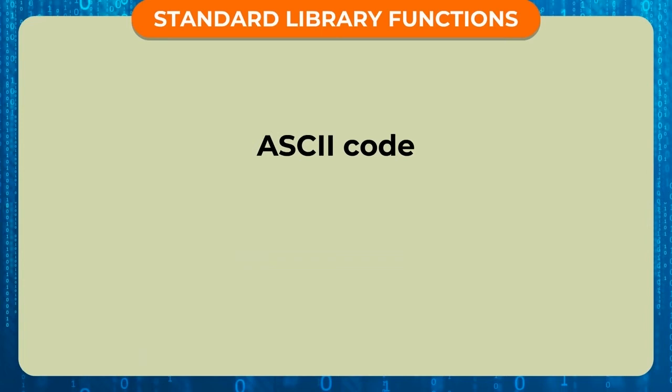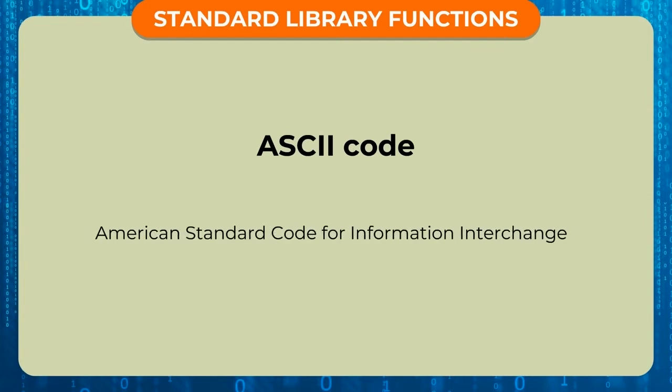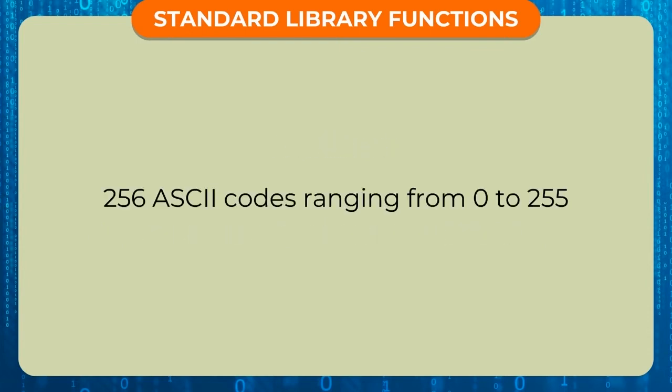The full form of ASCII is American Standard Code for Information Interchange. There are 256 ASCII codes ranging from 0 to 255, corresponding to the characters entered by the keyboard and other characters which are not there on the keyboard.